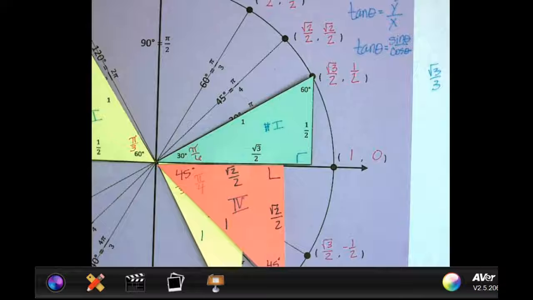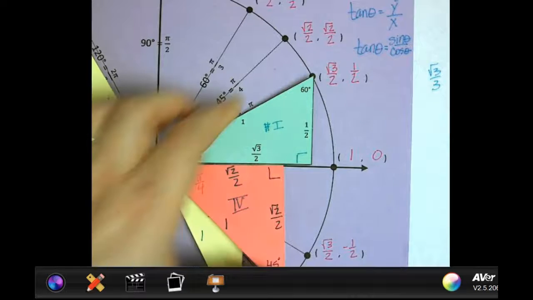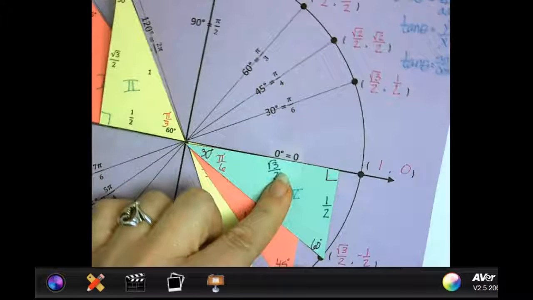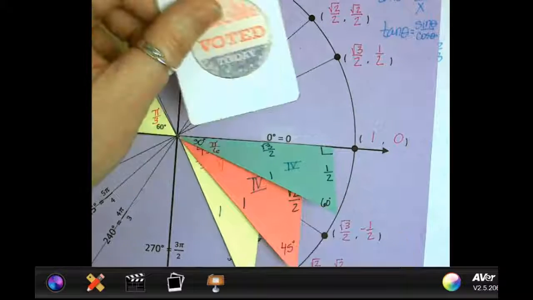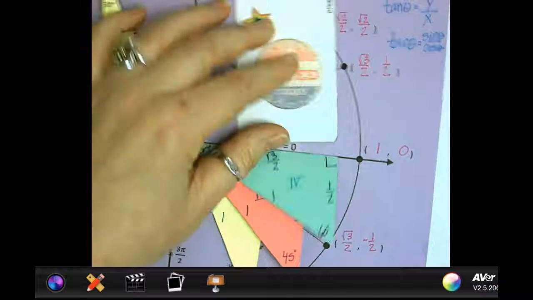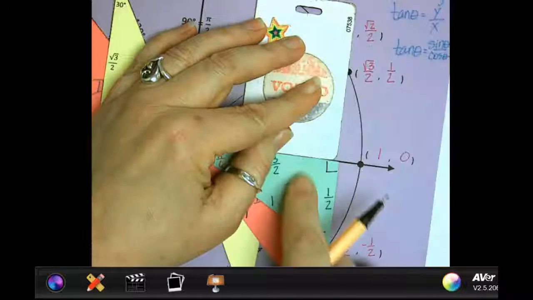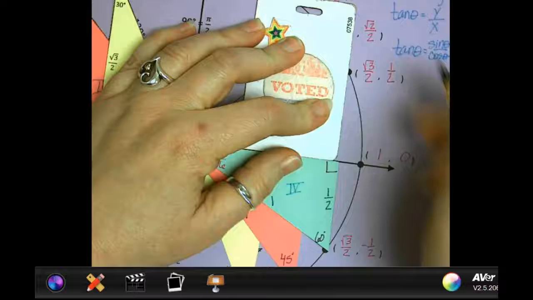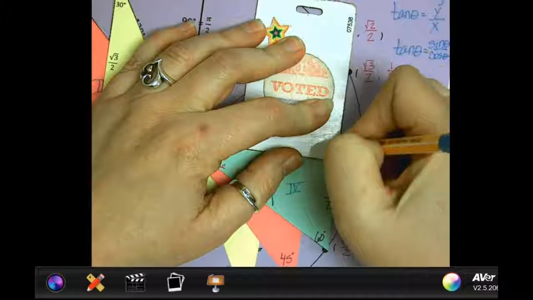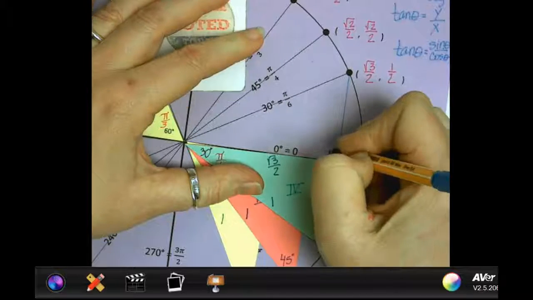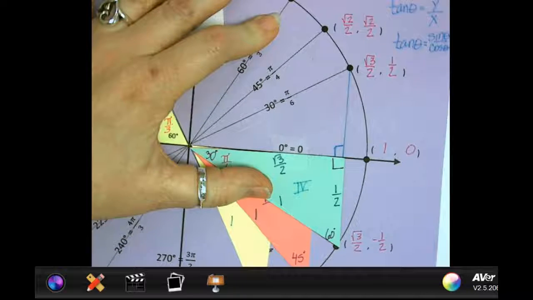All right, so a couple last things here. Get your ID badge to use as a straight edge because I didn't put rulers on your table. And flip all these first quadrant triangles down. And I want you to draw in an angle.